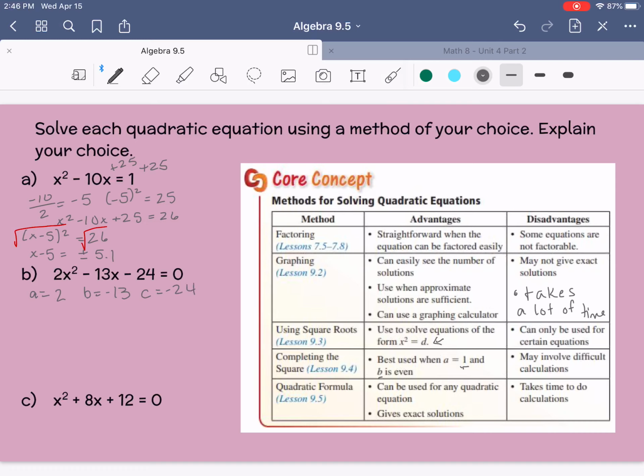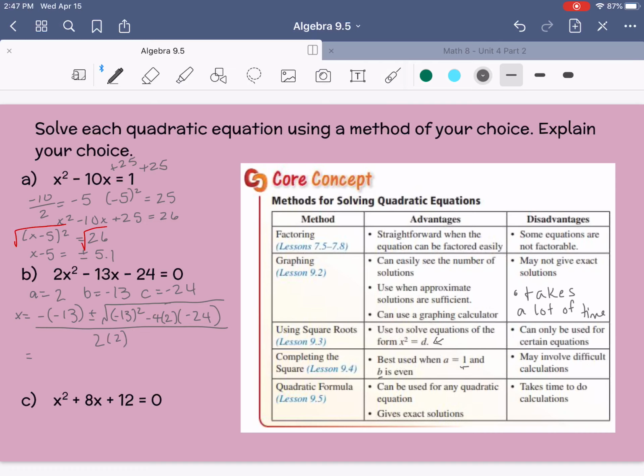Okay, so now I can just start working through. So negative B, and my B value is negative 13, plus or minus the square root of B squared minus 4 times A times C over 2 times the A value.